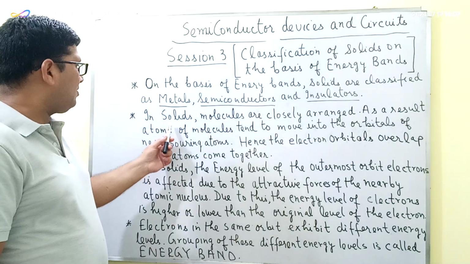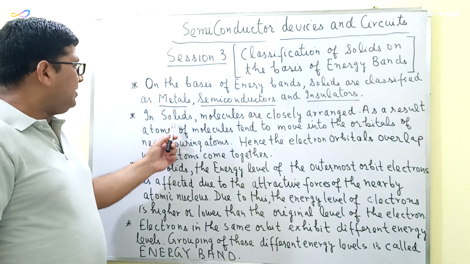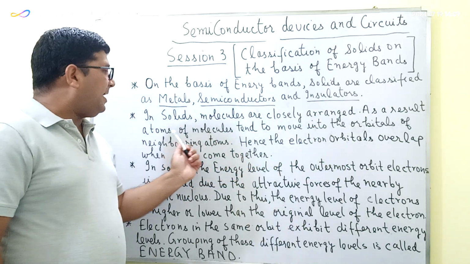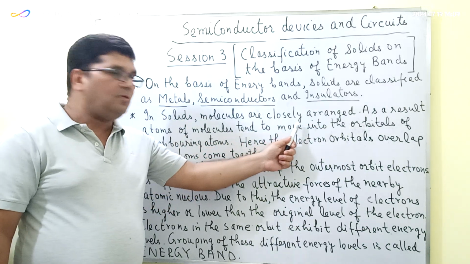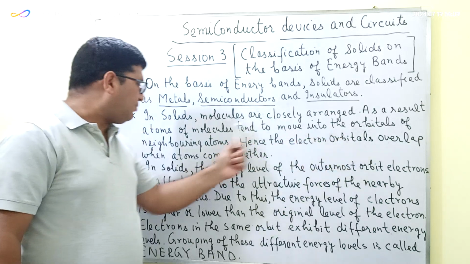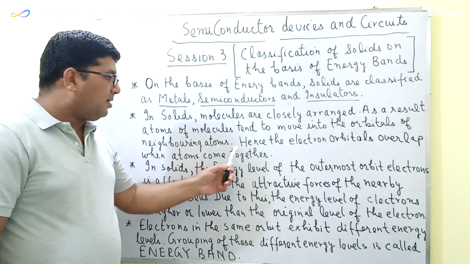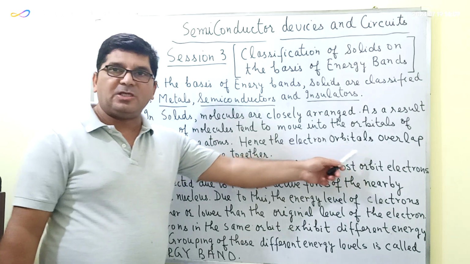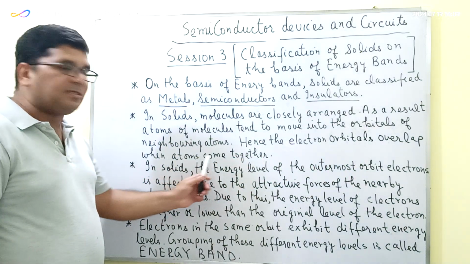However, in the case of solids, the atoms are closely arranged. As a result, the electrons of an atom tend to move into the orbitals of the neighboring atoms. Hence, the electron orbitals overlap when the atoms come together.